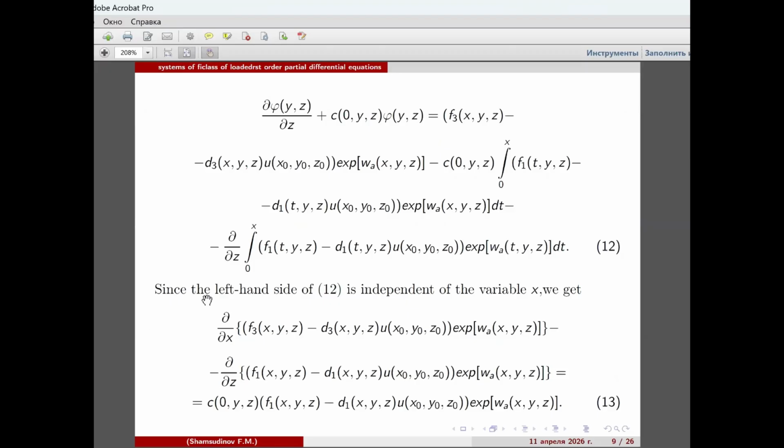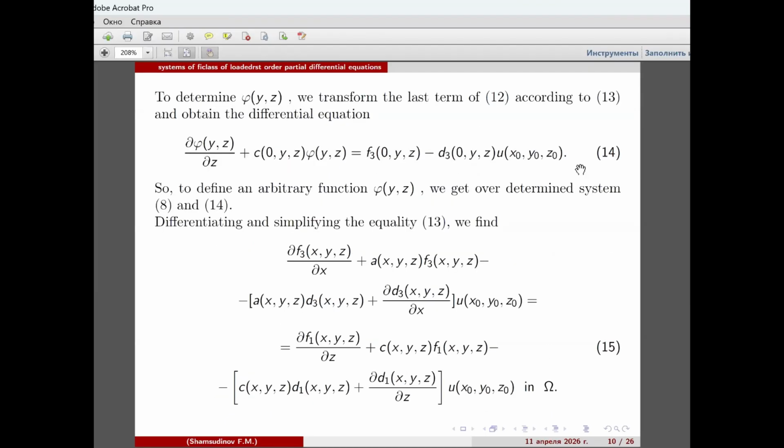Since the left hand side of 12 is independent of the variable x, we get 13. To determine phi(y,z), we transform the last term of 12 according to 13 and obtain the differential equation 14.